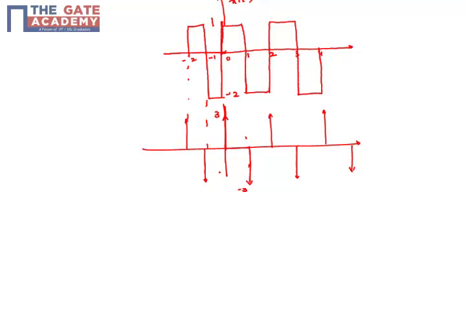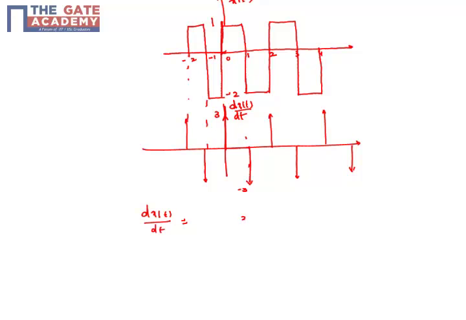Okay. So now if you see here, the derivative of the function, dx of t by dt, is a sum of impulse signals whose magnitude is 3. So how can I write this? dx of t by dt, I'll write from 0.